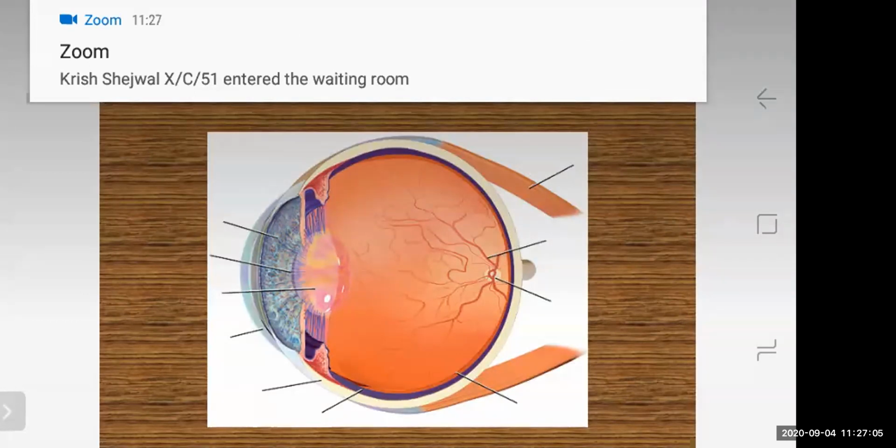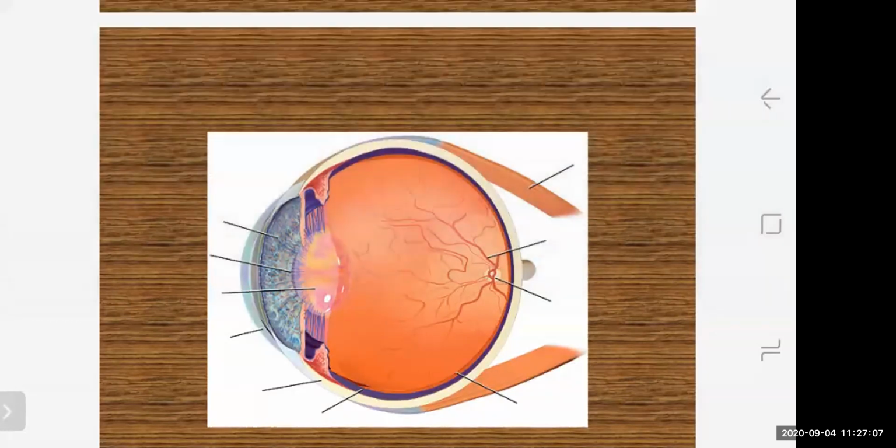Now let us move to the defects of vision. What are the various defects of vision?